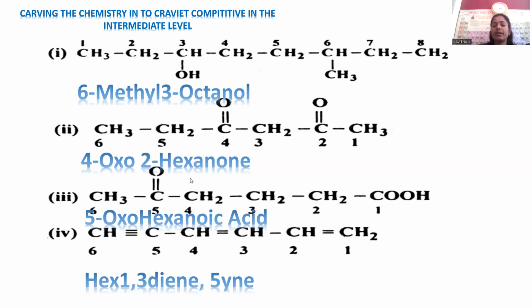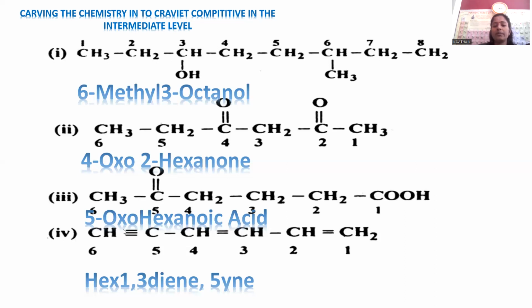Hexanone we can write. And this ketonic group is located on the 2nd carbon. Hence, we can say 2-hexanone. The complete name of compound 2 is given as 4-oxo-2-hexanone. So, both are ketones only, but in order to assign the IUPAC naming, one of the ketones is taken as the substituent and the other ketone is taken as the main group over here. Right? This is the way naming of the second compound is done.